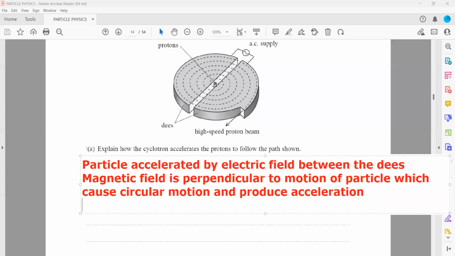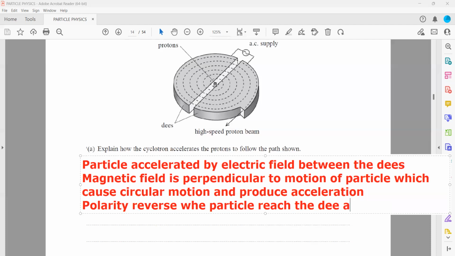Then the electric field or the polarity reverses when the particle reaches the D again.